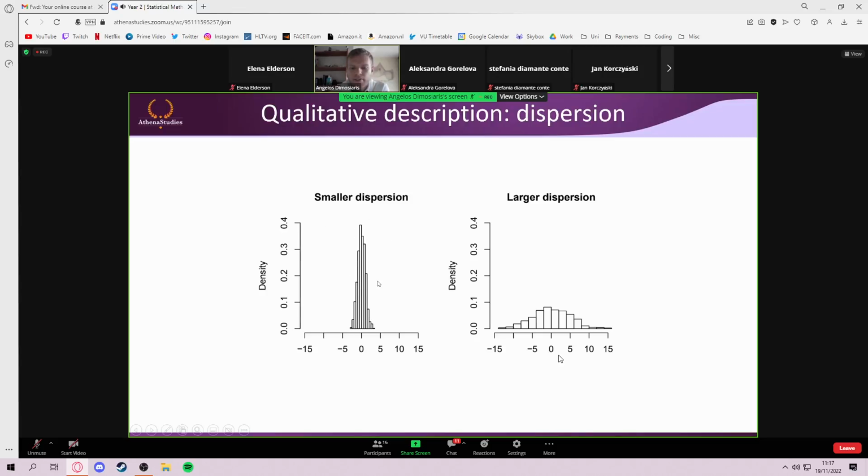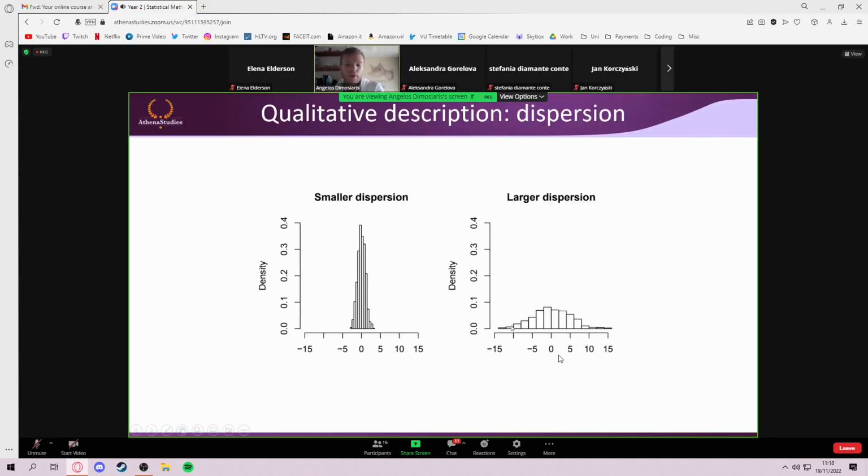So on the left histogram, we have a smaller variation, we have a small dispersion. So it goes from, let's say, -4 to +4. So my range is between -4 and +4. But here it will be almost -15 to +16, let's say.